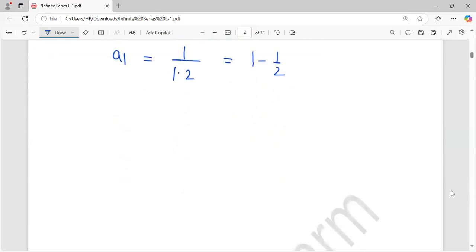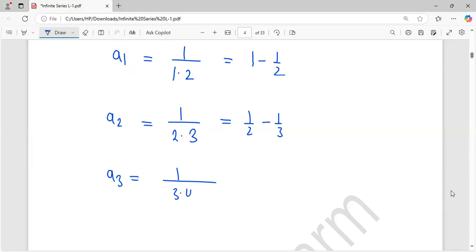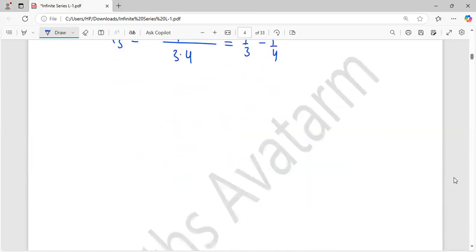And what is a2? A2 is 1 upon 2 into 3, that is 1 by 2 minus 1 by 3. What is a3? 1 upon 3 into 4, 1 upon 3 minus 1 upon 4. And so on.